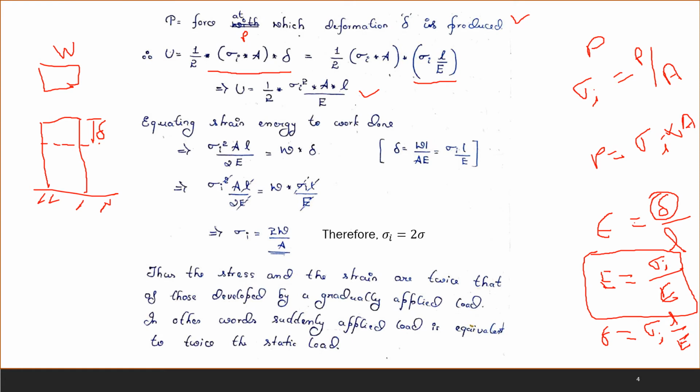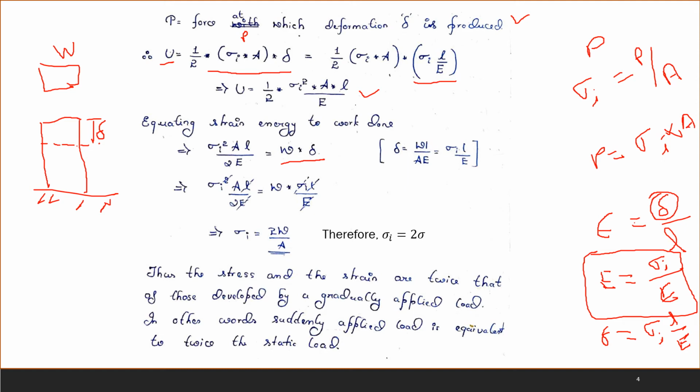When the load impacts here, the body will absorb energy, which is known as strain energy U. The strain energy will be equal to the work done in deforming the body by delta. How much was the work done? Work done we know is force into distance. Therefore W into delta is equal to the work done.